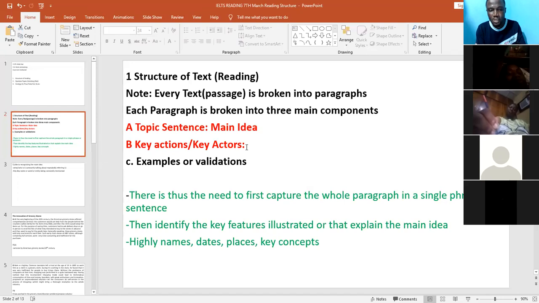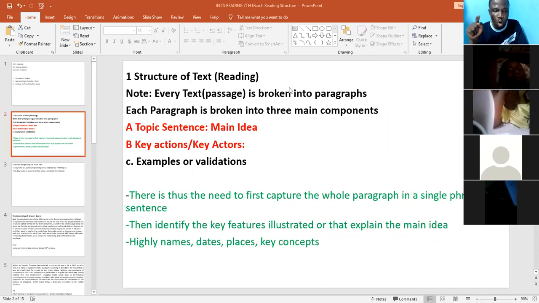This will reduce the need to come back to the paragraph, and make you more accurate and more sure of which paragraph the question is about. So number one is the key action and the key actor.